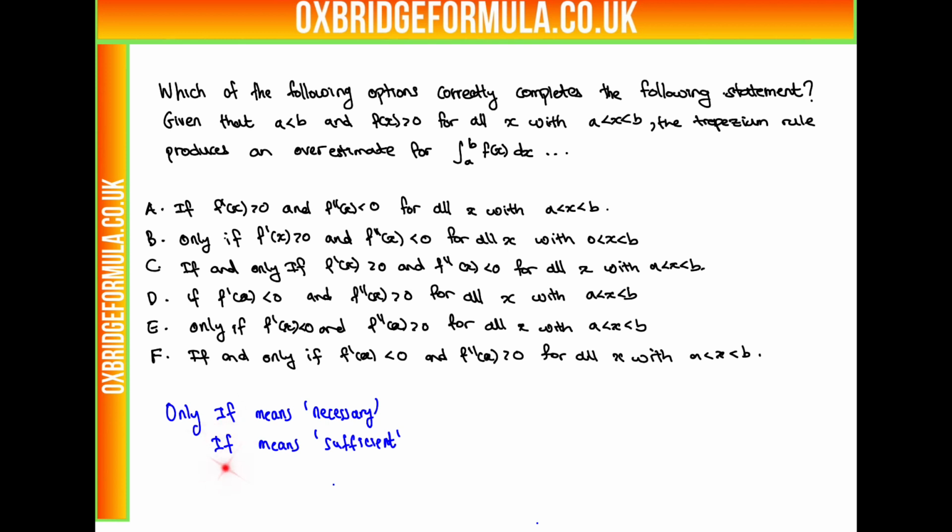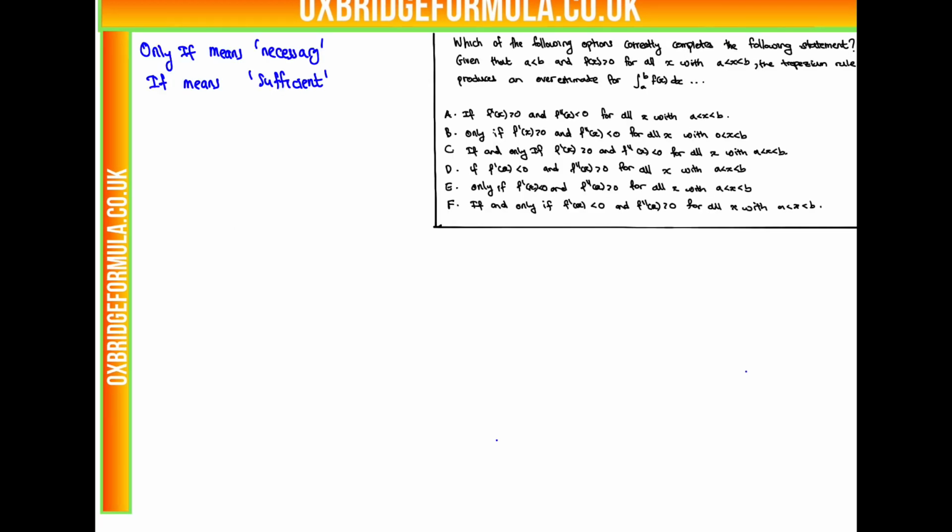And if we only have an if statement, then it means that condition is sufficient. So for example, in A, what this is saying is that f dash of x being bigger than 0 is a sufficient condition for this thing to hold. So we have to figure out which condition is necessary and which condition is sufficient.